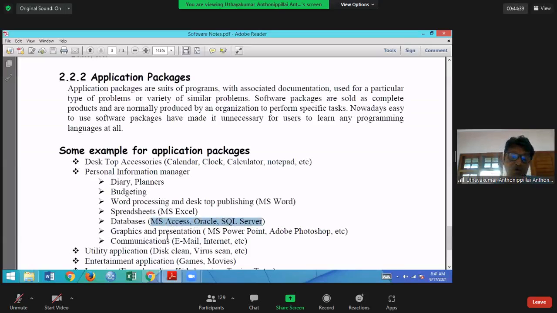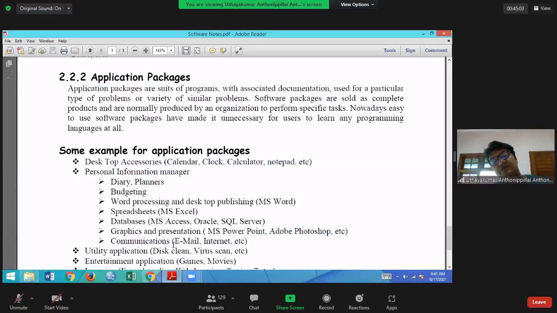If you wish to store a database, then you can use Access or Oracle or SQL Server. If you wish to prepare a presentation, most probably we are very familiar with Microsoft PowerPoint or Adobe Photoshop, right?